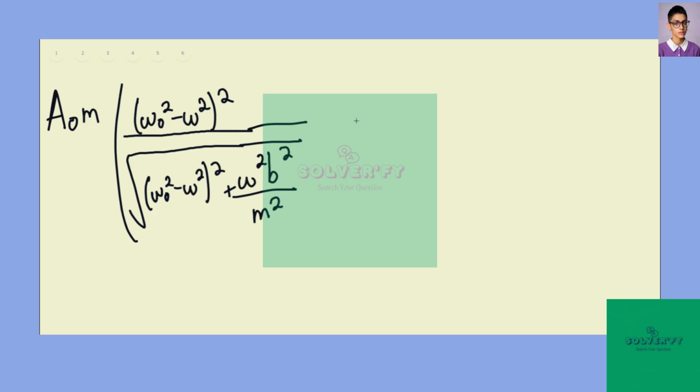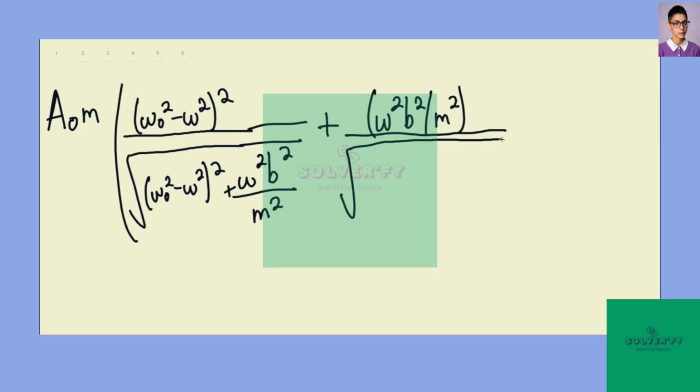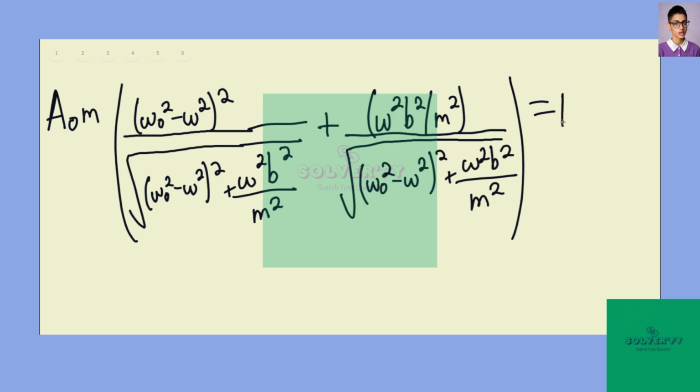And this will be divided by the square root of, again, omega naught squared minus omega squared plus omega squared b squared over m squared. And this equals f sub 0.